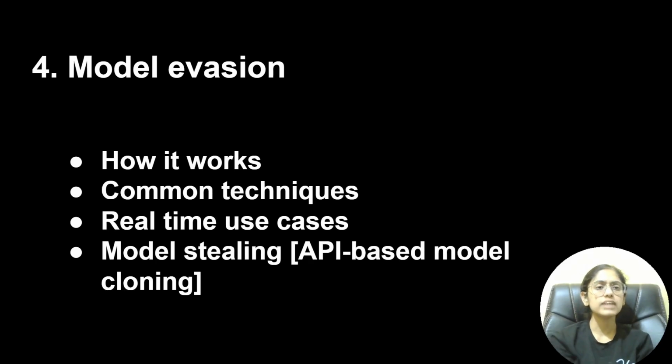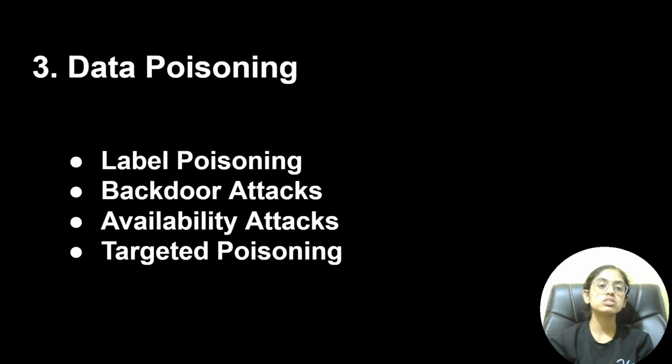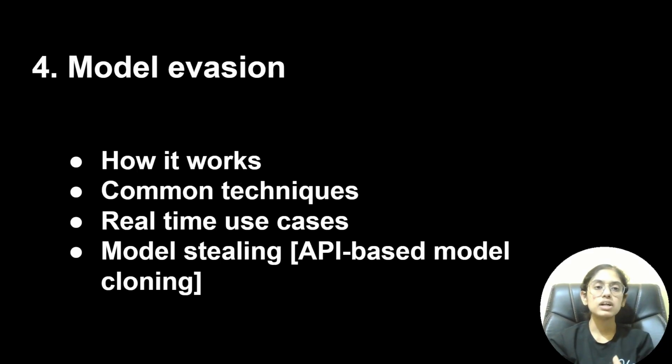Okay. Next is model evasion. How model evasion works, what it is, common techniques to exploit model evasion, and real-time use cases. Okay, so model evasion is nothing but you won't poison the data, you won't manipulate the training data, but you will try to do something where the model gives an unpredictable output.